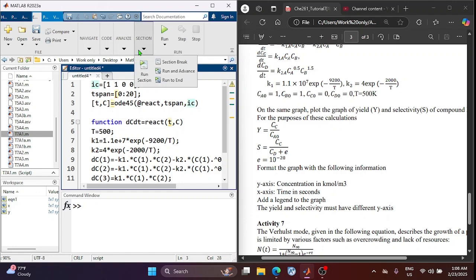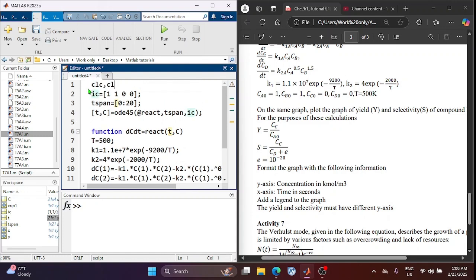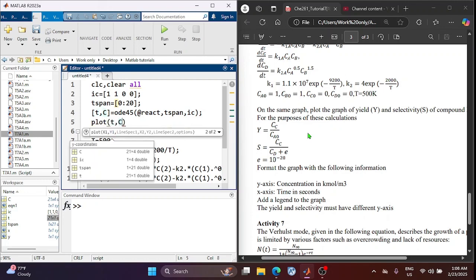So now, before we do the plot, let me run it to make sure we don't have any errors so far. Okay, it doesn't look like there are any errors, so we can continue. So now if I want to plot the concentration profiles against the time, I can type plot t comma c.